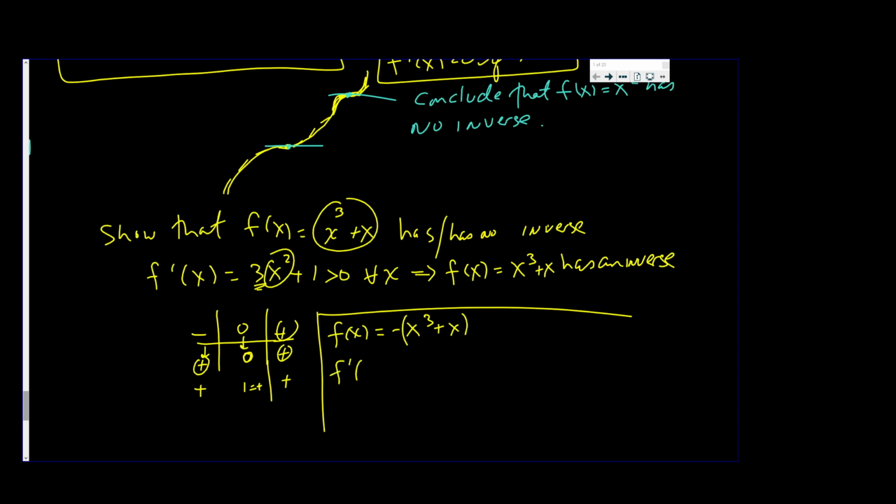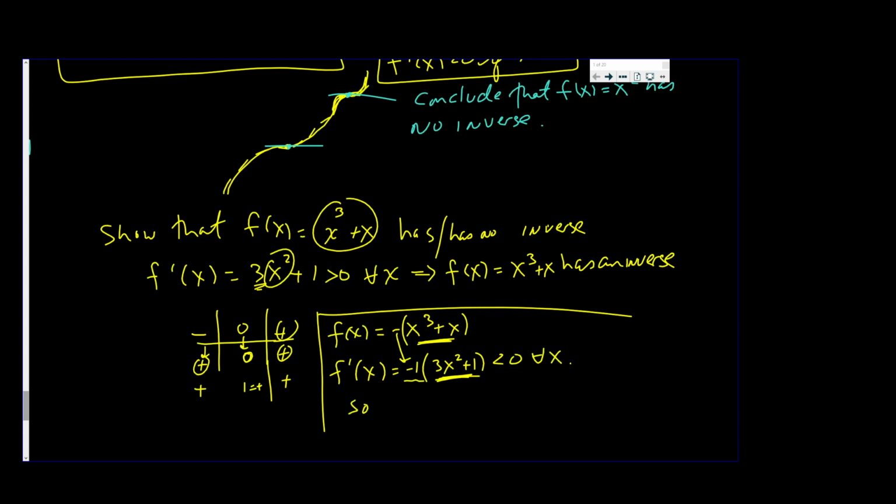Remember, the derivative just keeps that negative 1 in front, and multiplies by the derivative of that. It's the constant multiple rule: keep the constant and take the derivative of the function. Well, we know that this is always positive. We just did it. You multiply something that's always positive by -1. It's always negative for all x.